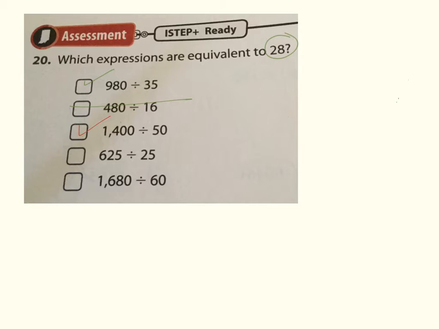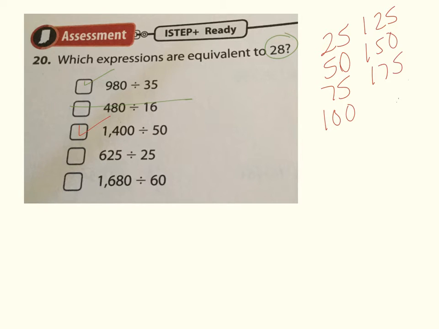625 divided by 25. Couple ways you can do this. You can think quarters. 28 quarters is not going to equal 625. Or you can count by 25s. You have 25, 50, 75, $1. Okay, then you could have $1.25, $1.50, $1.75, $2. There's 8 25s.